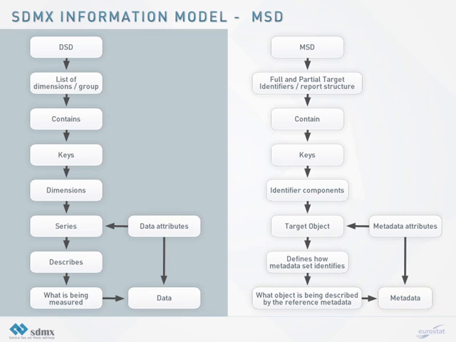In the DSD, the attribute list and measure list contain attributes, measures, and attachment information which describes what information is in the dataset and how it is presented.